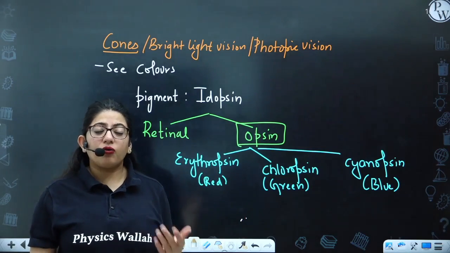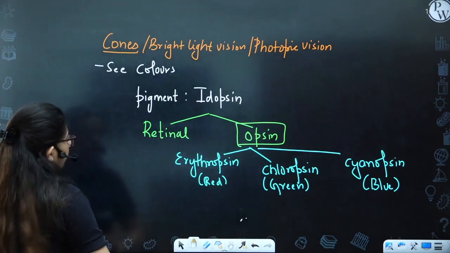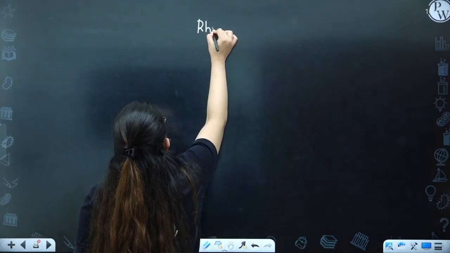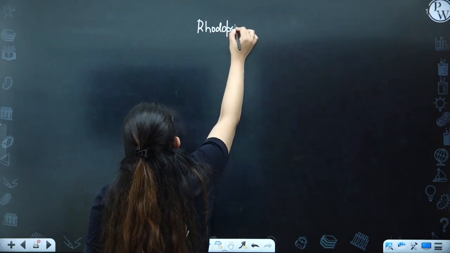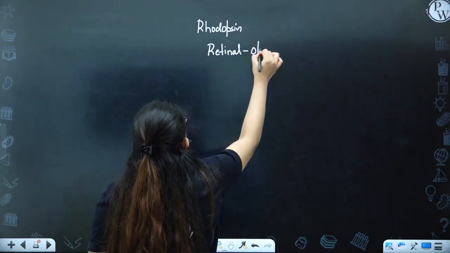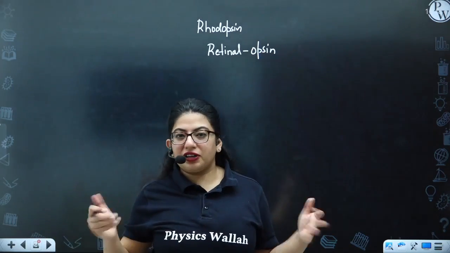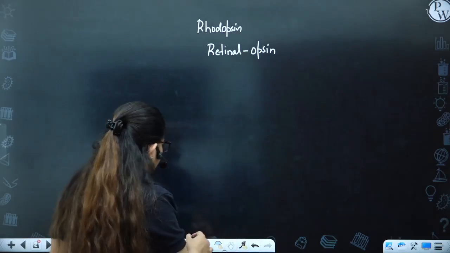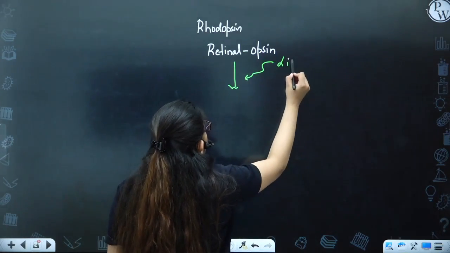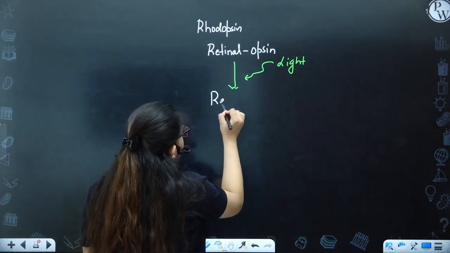Okay. Now what happens when the light strikes these photopigments? So we'll see, if I have rhodopsin here, in rhodopsin, retinal and opsin are joined to each other. They are like lovebirds. You cannot put them away. They will sit together only. Okay. Now when the light comes, these two have to dissociate.